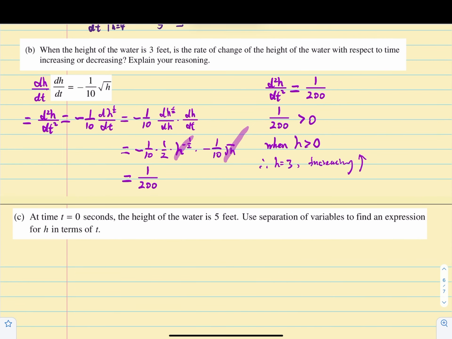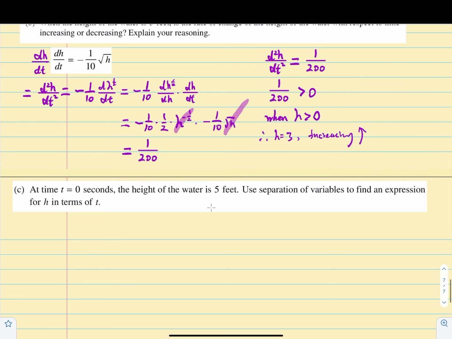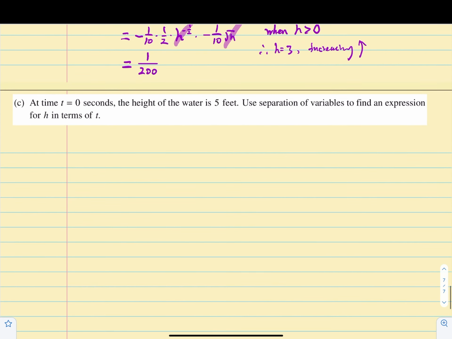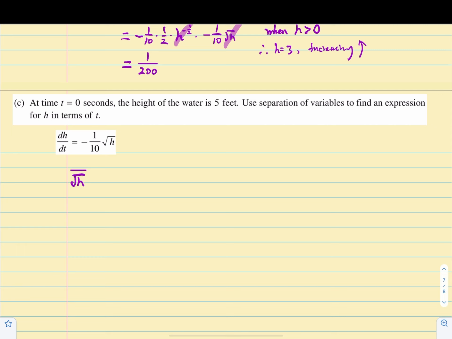Okay, let's see question C. For question C, we need to use separation of variables to find the expression for h in terms of t. So we copy this down and use separation of variables to find the antiderivative. We put h and dh on the same side: we have 1 over square root of h dh on the left side.